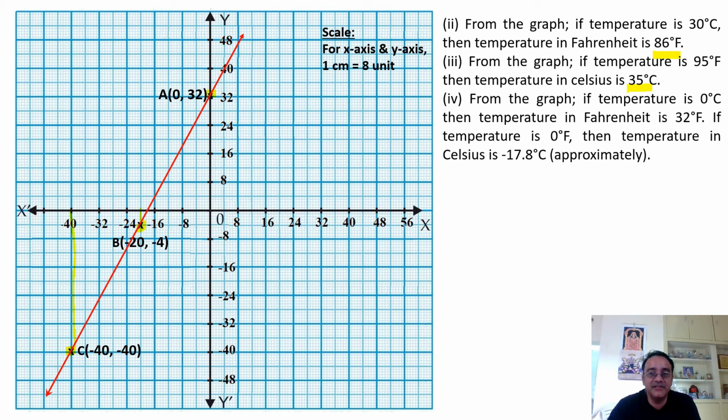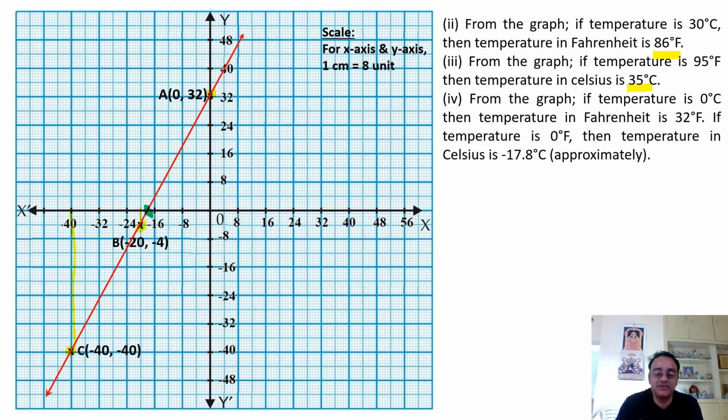Now if the temperature is 0 degrees Fahrenheit, then the temperature in Celsius, where will it come? Here on the x axis. Now where I am marking with green, this is approximately minus 17.8 degrees Celsius.